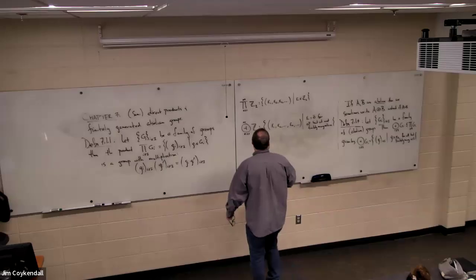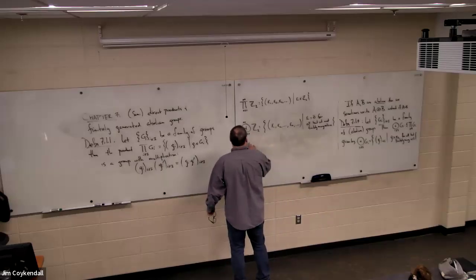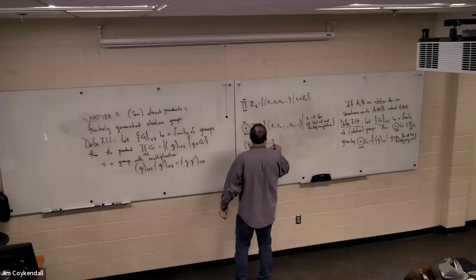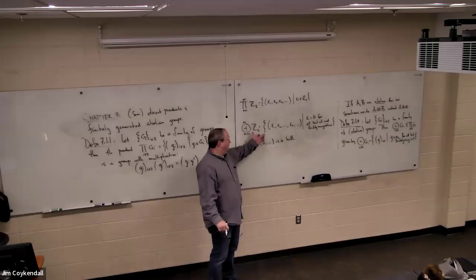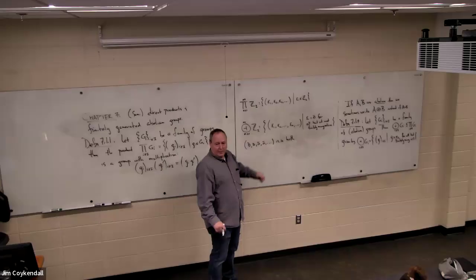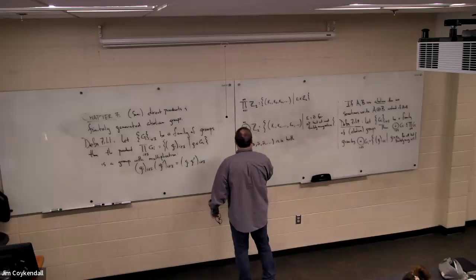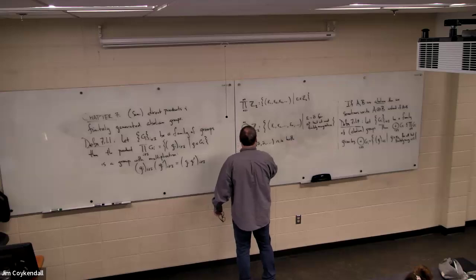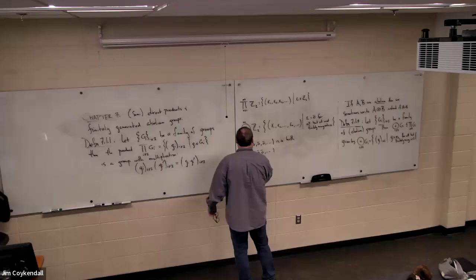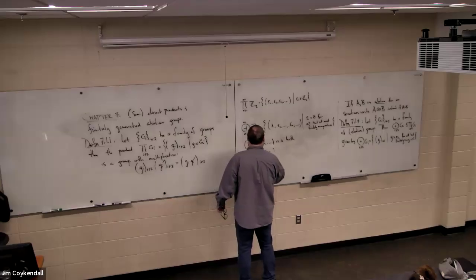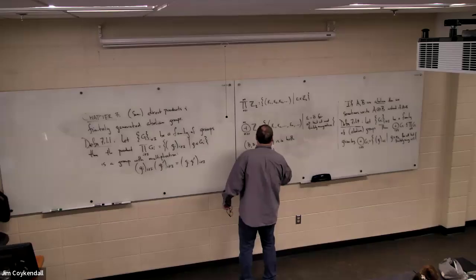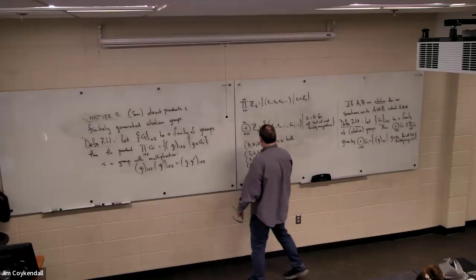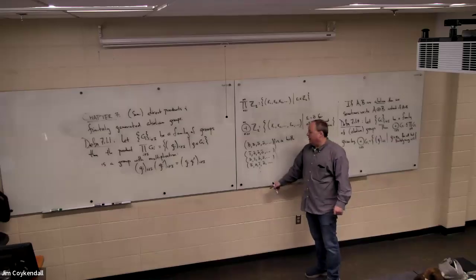So for example, 0 bar, 0 bar, 0 bar, 0 bar forever is in both. It's in here, it's in here. And in fact, it is the identity of both. 1 bar, 0 bar, 0 bar, or 0 bar, 1 bar, 0 bar, 0 bar forever and ever are in both.